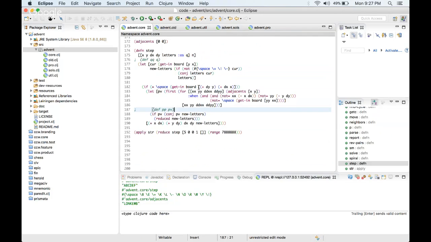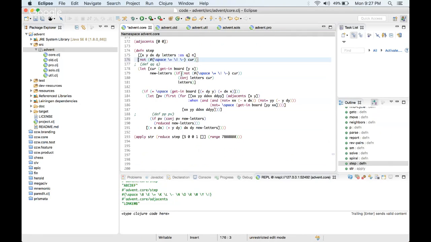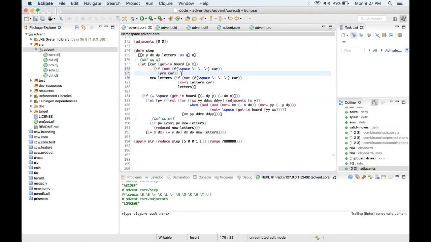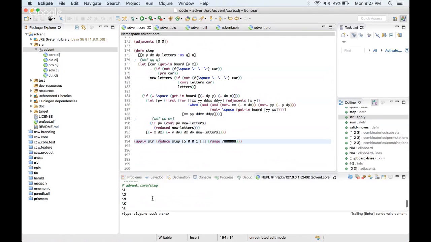We could, I don't know, we could put like a print line in here. Maybe we're missing something. Something like... LONKEWB.